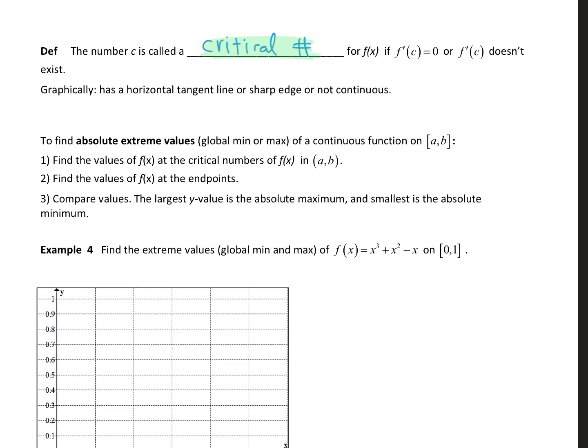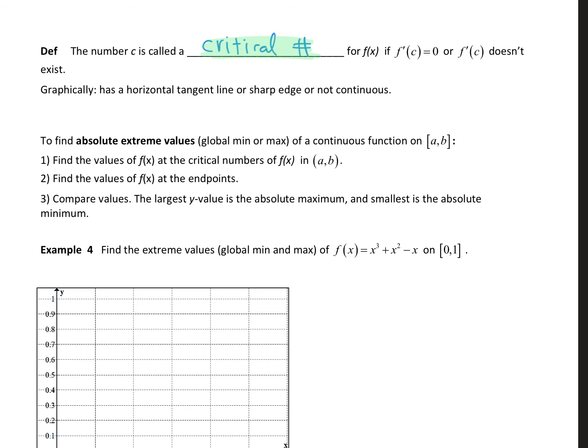What does that mean on the graph? Graphically, it has a horizontal tangent line. That's when f prime is equal to 0. And f prime of c doesn't exist when you have a sharp edge. Or if the function is not continuous, then the derivative doesn't exist, right? So sharp edge or not continuous, mostly sharp edge. So either it has a horizontal tangent line or it's a sharp edge.